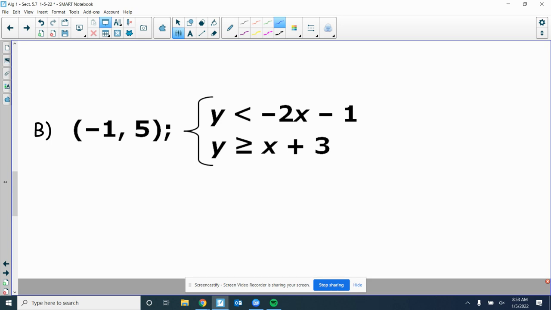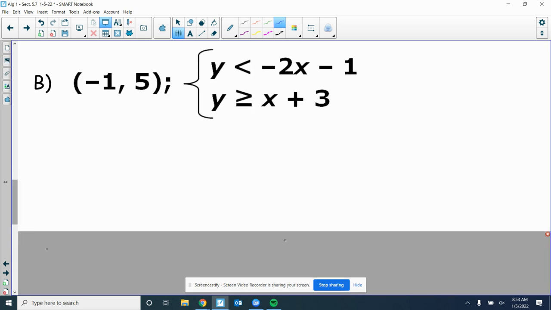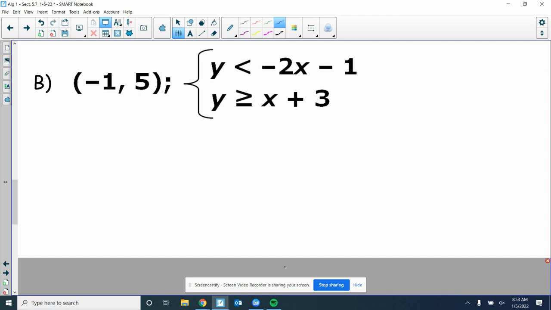All right. Got to do the same thing here. Here's my x. Here's my y. Go ahead and plug in the first one. I'll kind of work it up here, then we'll talk about it.